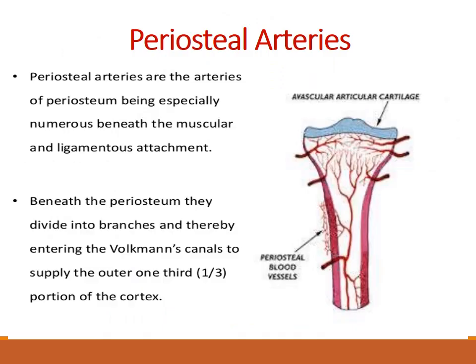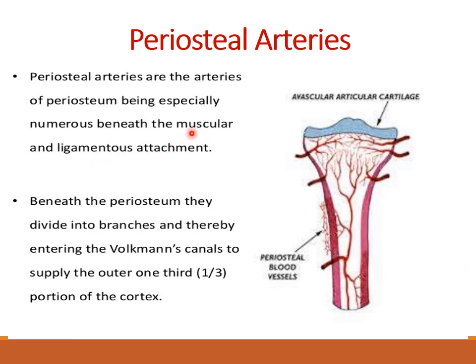Now moving on to the next, that is the periosteal artery. As I have already discussed, these are the branches which enter through the periosteum. These are numerous branches present mostly in the area of muscular attachment and the attachment of ligaments.